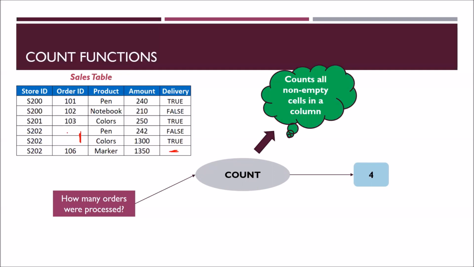Since I have these 2 empty cells in my order ID column, my count function will ignore these 2 cells, and hence the result is 4. So what do you do in such a case when you want the output to be 6? You can use the count rows function from DAX. All right, and hence you can answer your manager that 6 orders were processed.